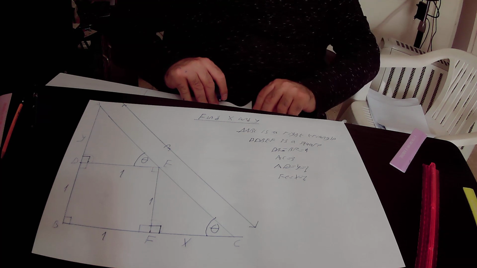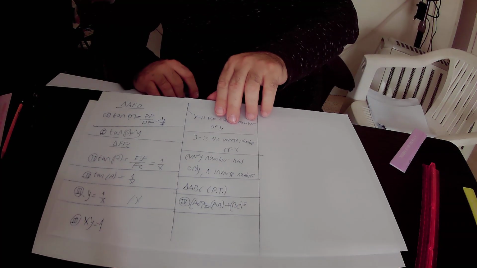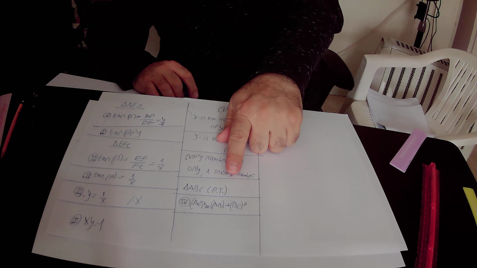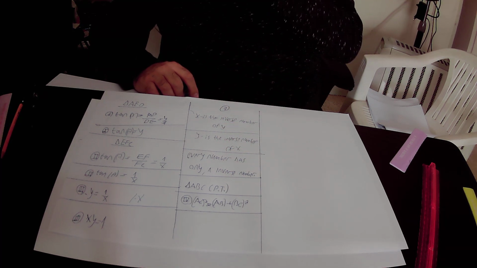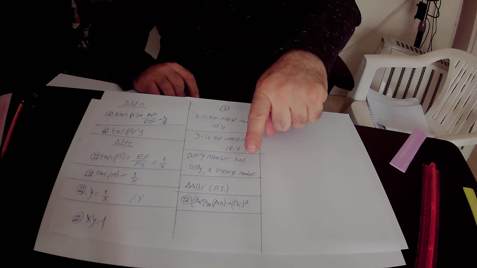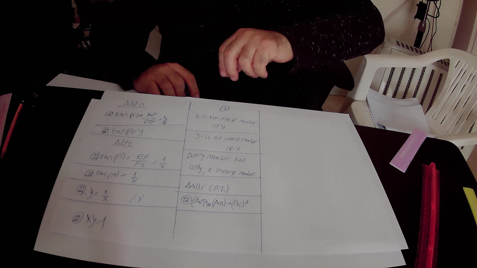I'll repeat again. In the right triangle, triangle ABC, according to the Pythagoras theorem, PT is the abbreviation for Pythagoras theorem, the square of the hypotenuse equals the sum of the squares of the perpendiculars. That is to say, AC squared equals AB squared plus BC squared.